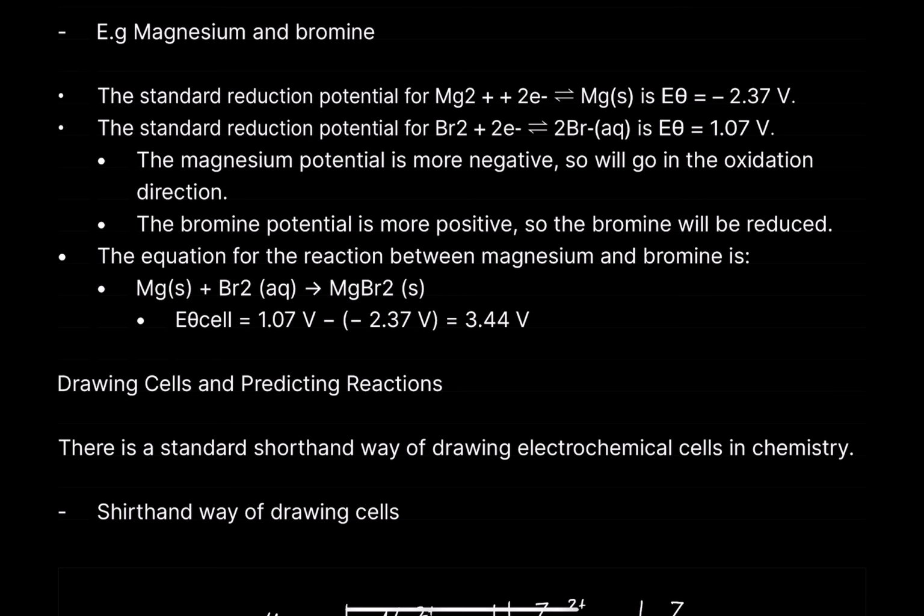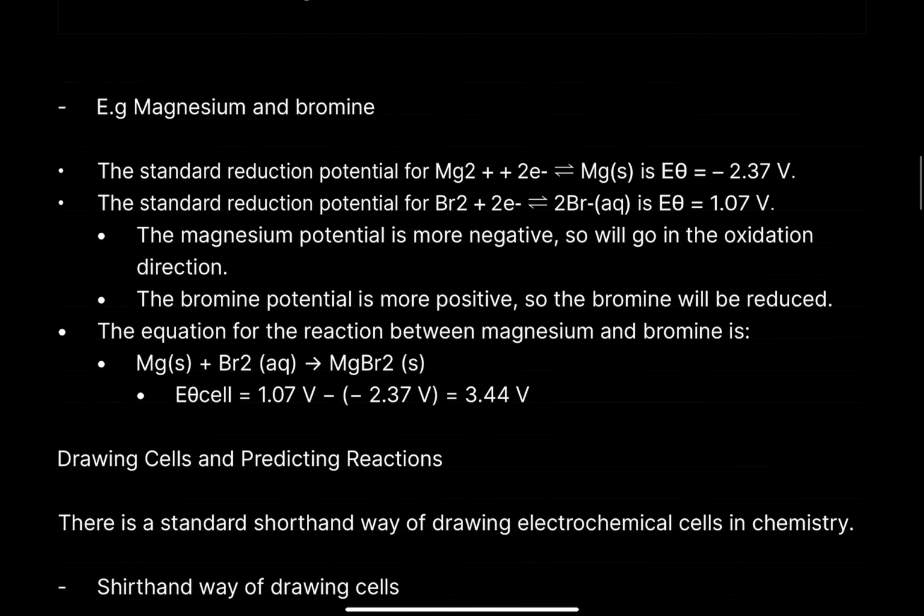It's going to go in the oxidation pathway because it has a more negative reduction potential. And vice versa for bromine, because bromine's potential is more positive, so the bromine will be reduced. And that's all it is. Magnesium is being oxidized, bromine is being reduced.